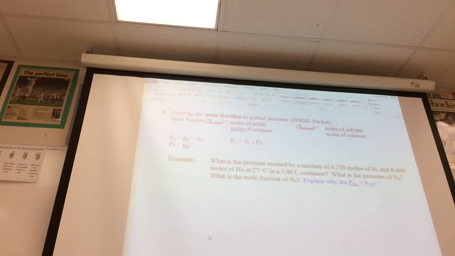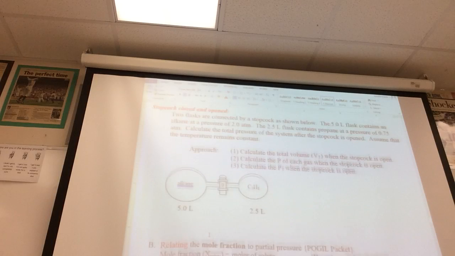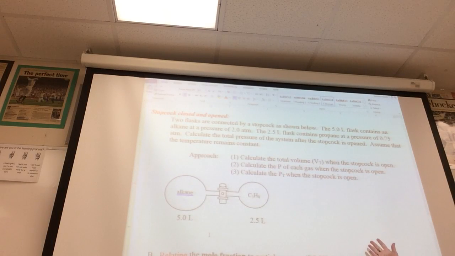Last time we did, in this class, talk about how to do the stopcock type problem. You'll see one of these on the multiple choice section of your quiz. There's a problem like this in your homework at the end of the chapter in the textbook, the $133 book sitting on your desk that you should open.